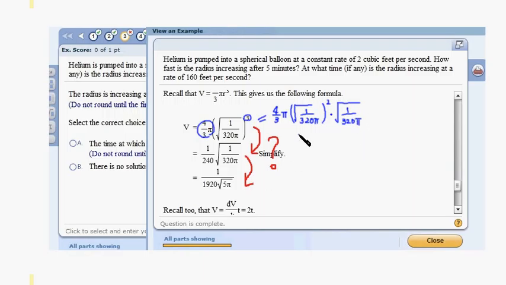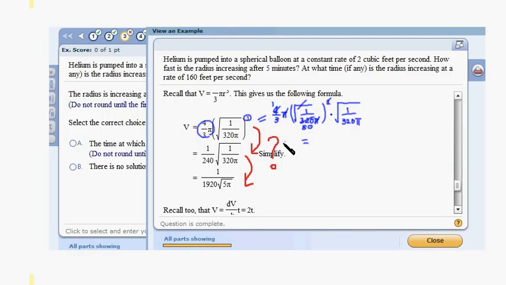But since you have a square root and a square, they basically cancel out. Then you can see there's pi on top and pi on the bottom, so you can cancel those. Then you have 4 and the 320, so the 4 cancels out, and that'll be 80. 4 times 8 is 32, and you have 0, so 80.